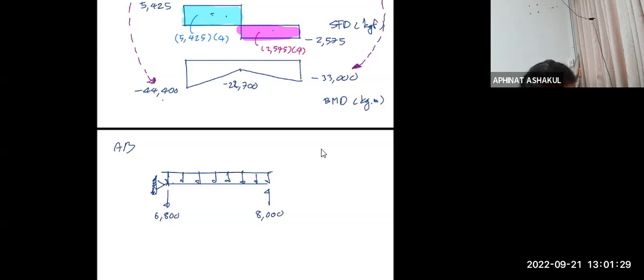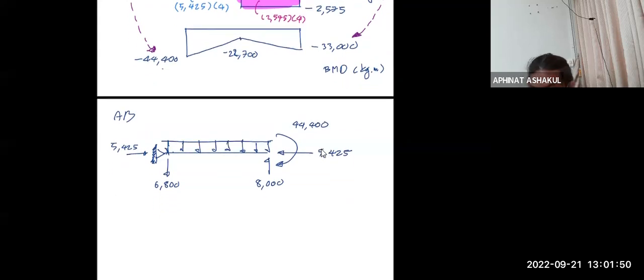A little bit strange, but it's possible. And then you have the moment, and then the axial force of 5425. You need to believe in yourself, okay? Because the free body diagram is correct.